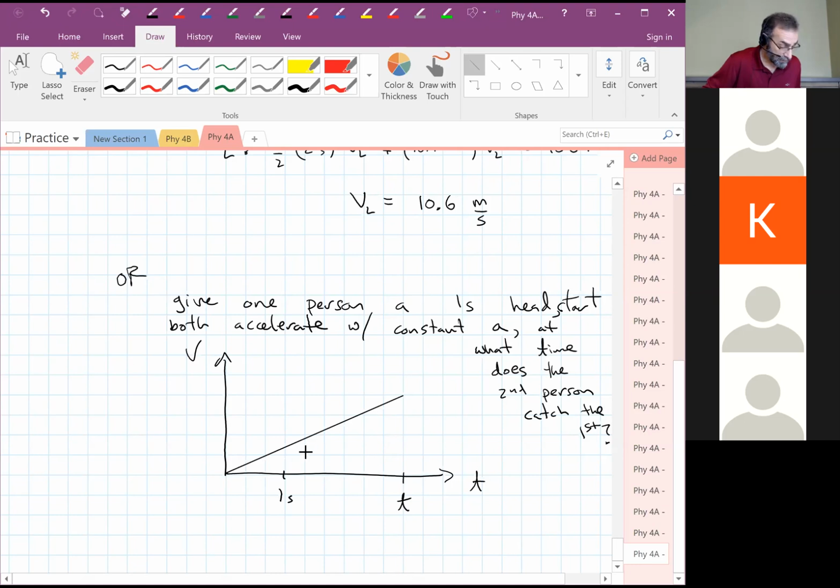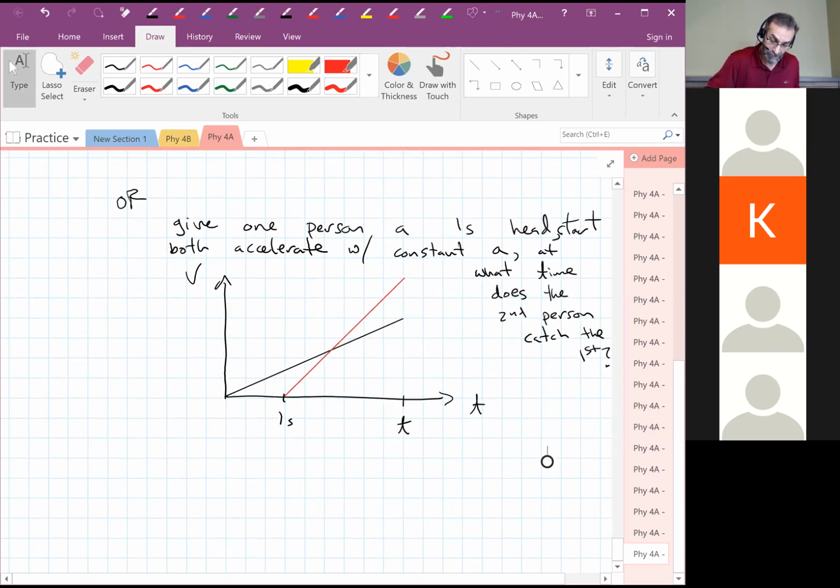So they have to have a slope that looks like that. So this is person two. The acceleration of person two has to be greater than the acceleration of person one, right? So person one leaves the starting point. 1 second later, person two leaves. They both are accelerating uniformly. We want to know at what time does person two catch person one.